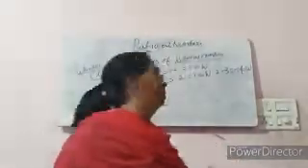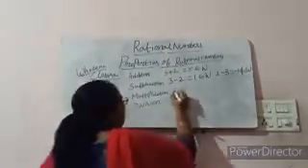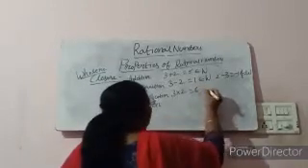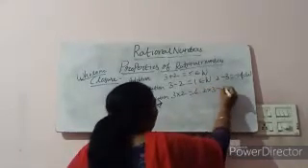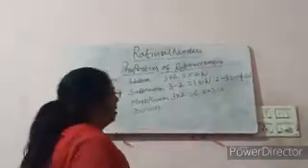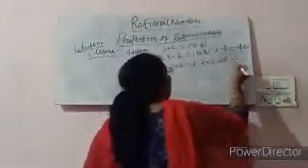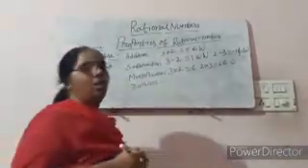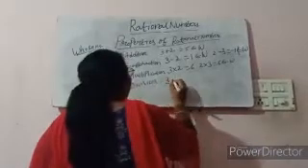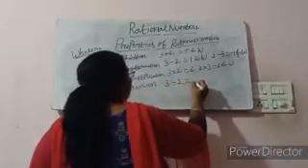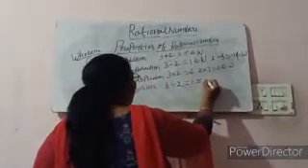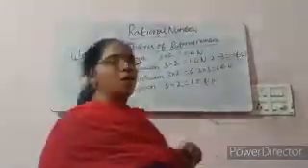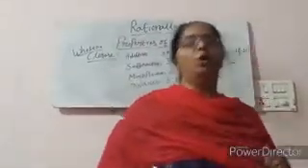Multiplication, 3 into 2 is 6, which is a whole number, so multiplication is closed. Division, 3 divided by 2 is 1.5, which is not a whole number, so division is not closed.